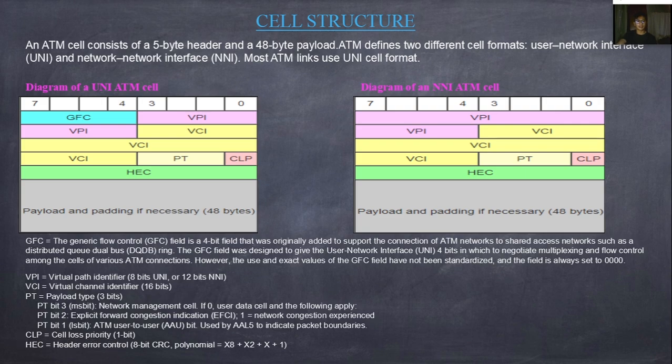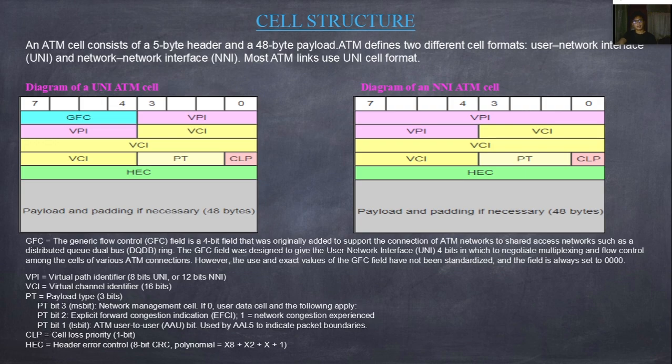Payload type bit 3, or MSB: network management cell if 1, and user data cell if 0, and the following apply. Payload type bit 2 is explicit forward congestion indication, or EFCI: 1 equals network congestion experienced.